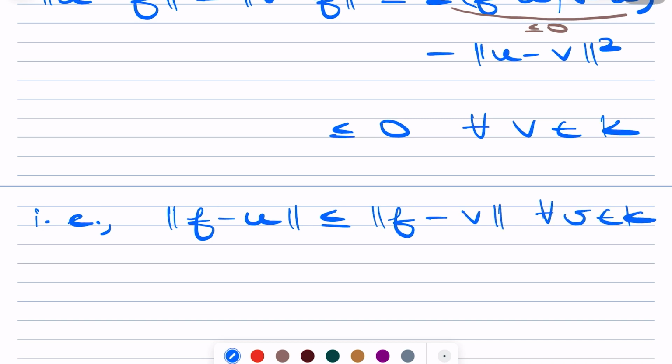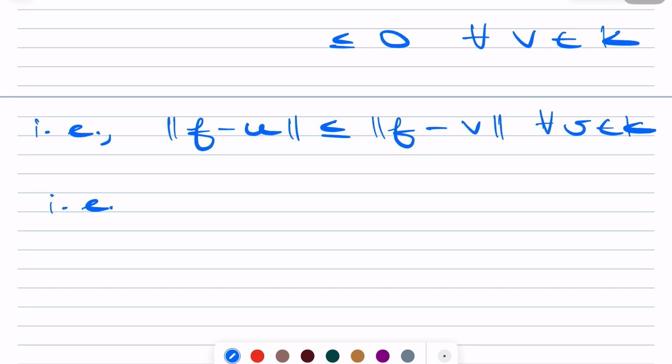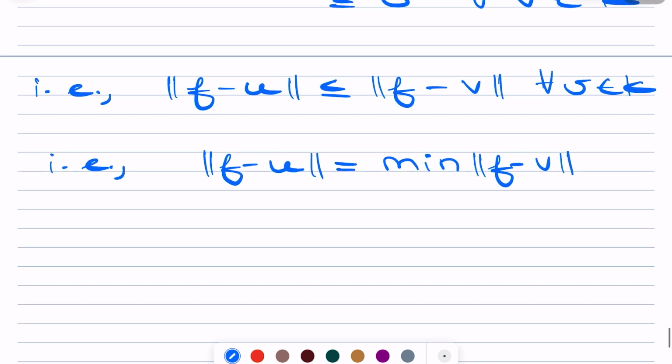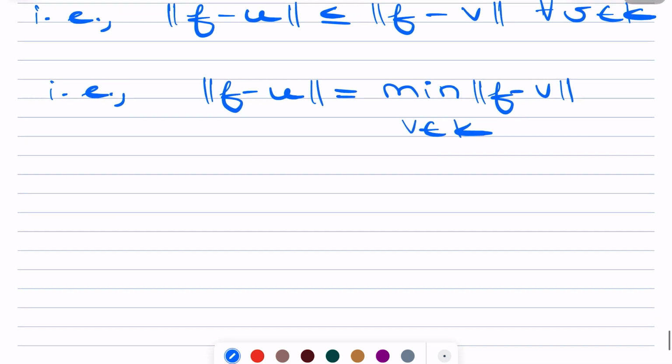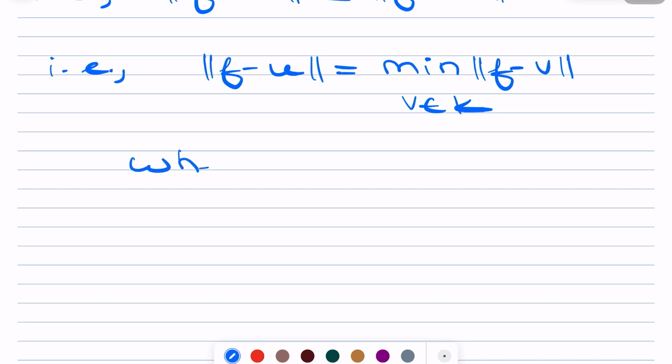So this means, because u is in K, that the norm of f minus u is the min of the norm of f minus v, because u is an element of K, so this is equal to the min over v in K. So good. Once 2.